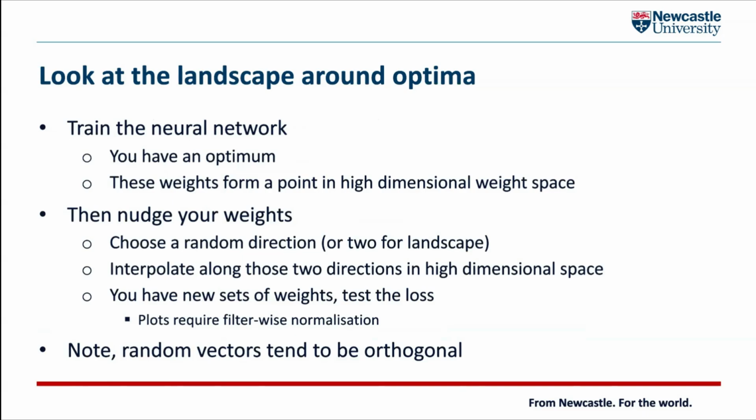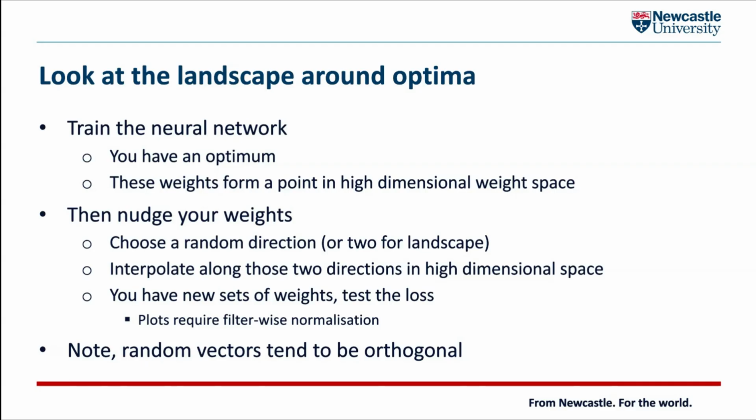So how do we create one of these terrains? Well, the first thing you're going to do is you're going to train your network to the best performance that it can get. And you have this optimum. So hopefully that's going to be a point that's very low on your terrain.